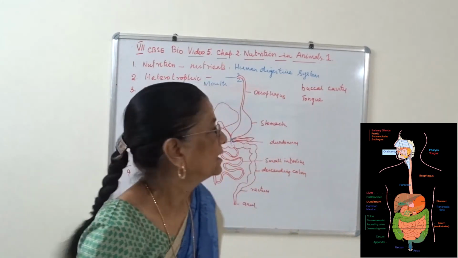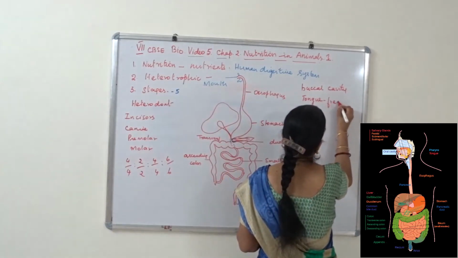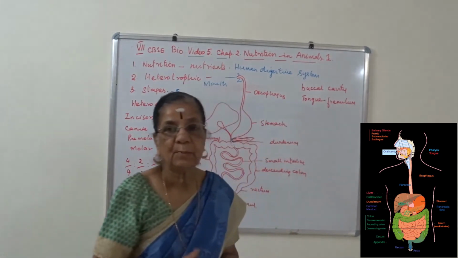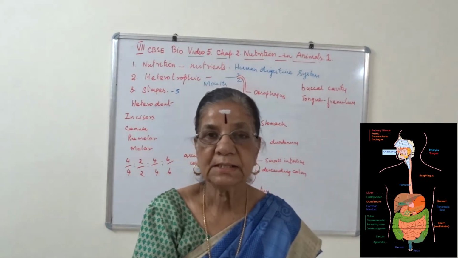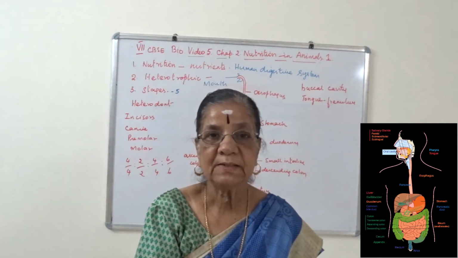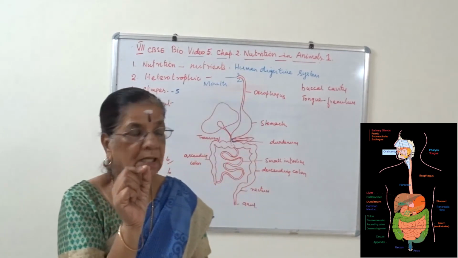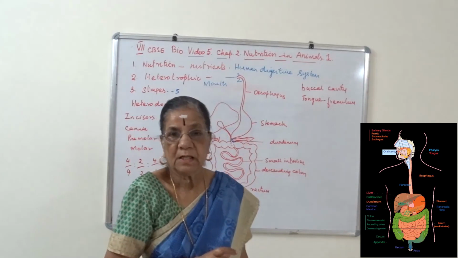This fold is called the frenulum. The muscular tongue is attached to the floor of the buccal cavity with a flat muscle. That is called the frenulum. Are you clear?